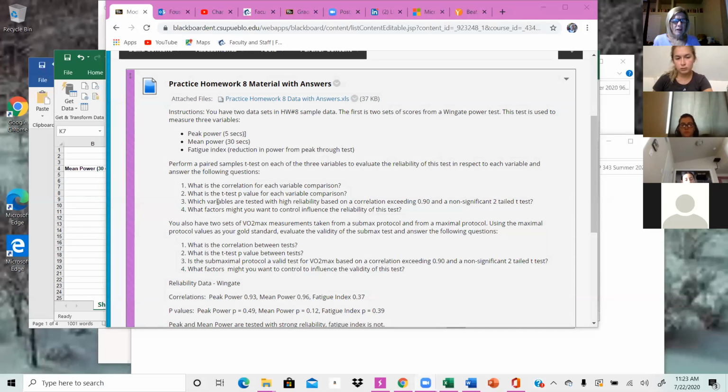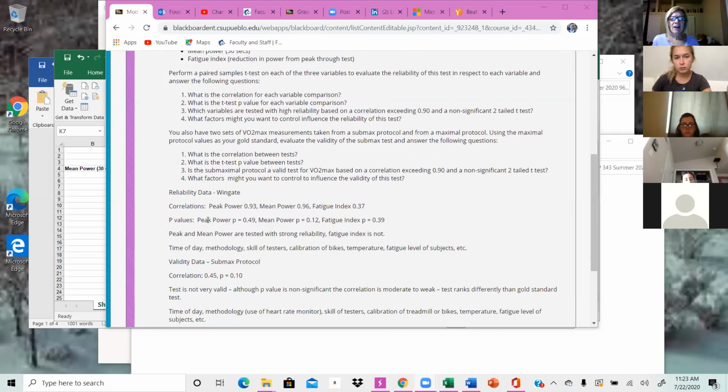Okay. Then we looked at those paired or dependent t-test values. We did measure day 1 against day 2 for each of the variables. If we look at the p-value for the peak power, it was 0.49, which is not below 0.05.